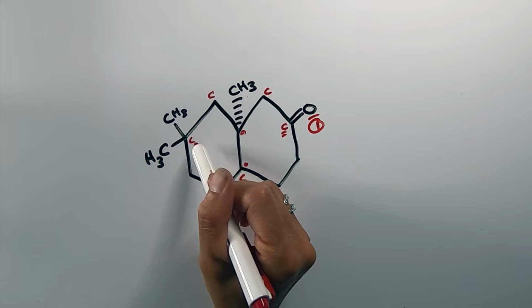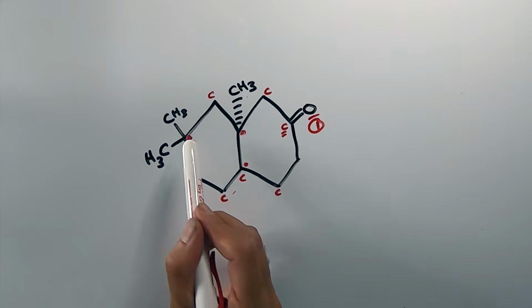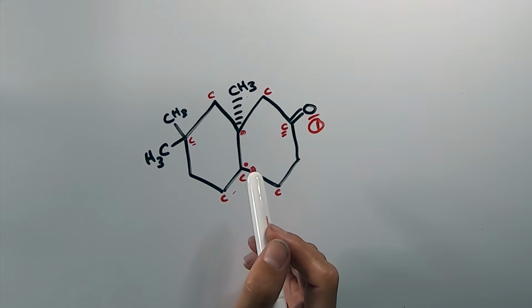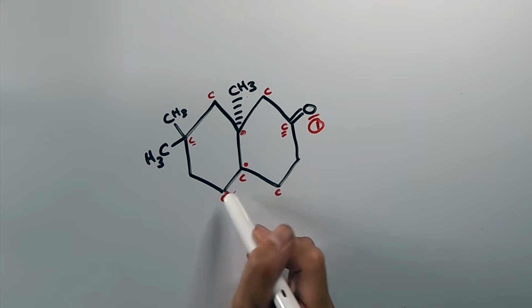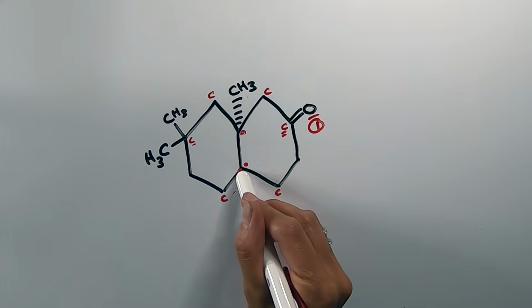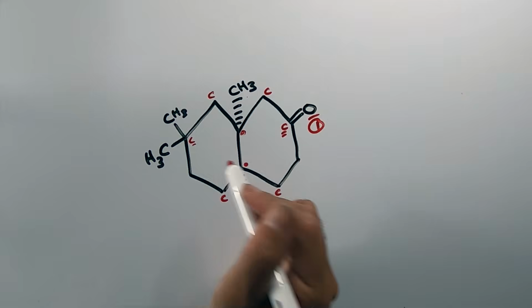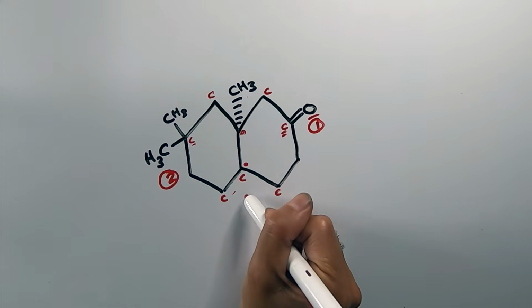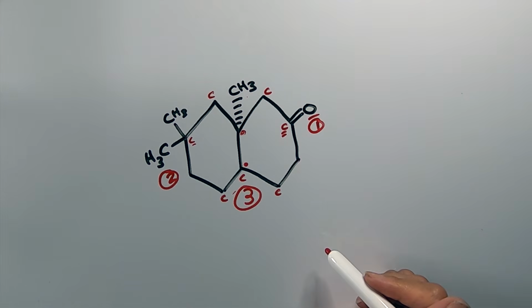And I notice that this carbon is a quaternary carbon, meaning it is attached to 4 other carbons, which is more than either of these 2 carbons, which are secondary, only attached to 2 other carbons each. So this will get priority 2. Therefore, this down here will get priority 3, and that's it.